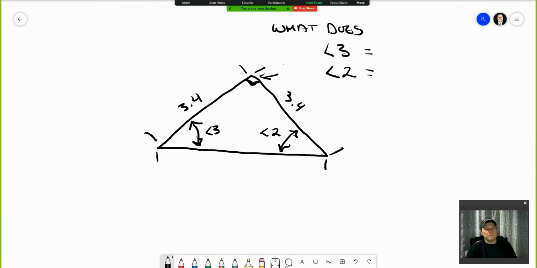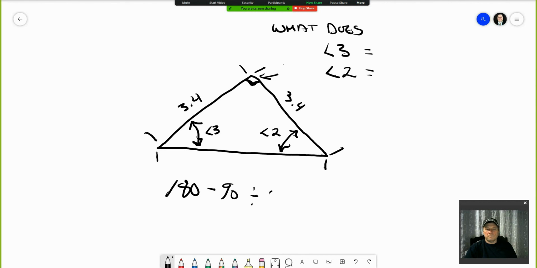Have to be. Right? So this will be 180 minus, or sorry, minus 90. Oh, something's wrong with my pen. 180 minus 90. Yeah, minus that right angle, 90.